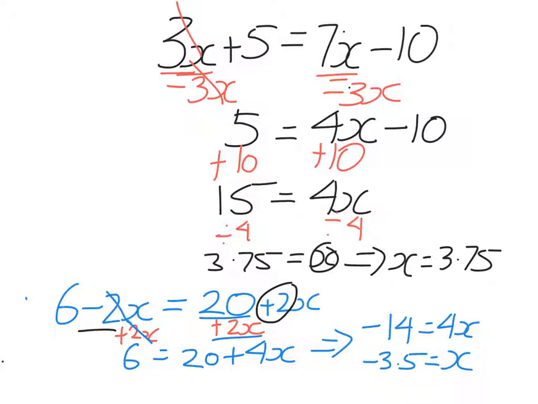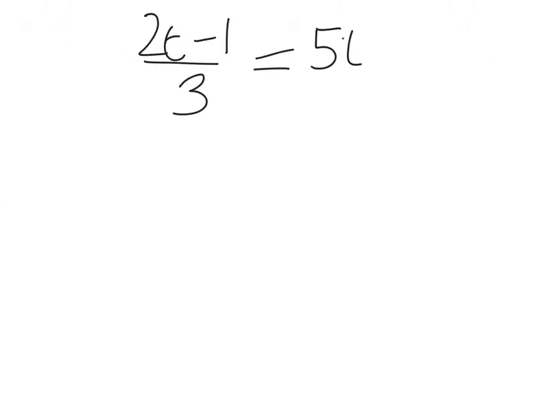I want to show you one more complicated type of question where the pronumerals are on both sides of the equation. So let's say we have an equation like this, where there's a fraction, but also there is a t on both sides of the equation. Again, it doesn't matter what they're called, the letter t, x, whatever. So our goal here is the same.